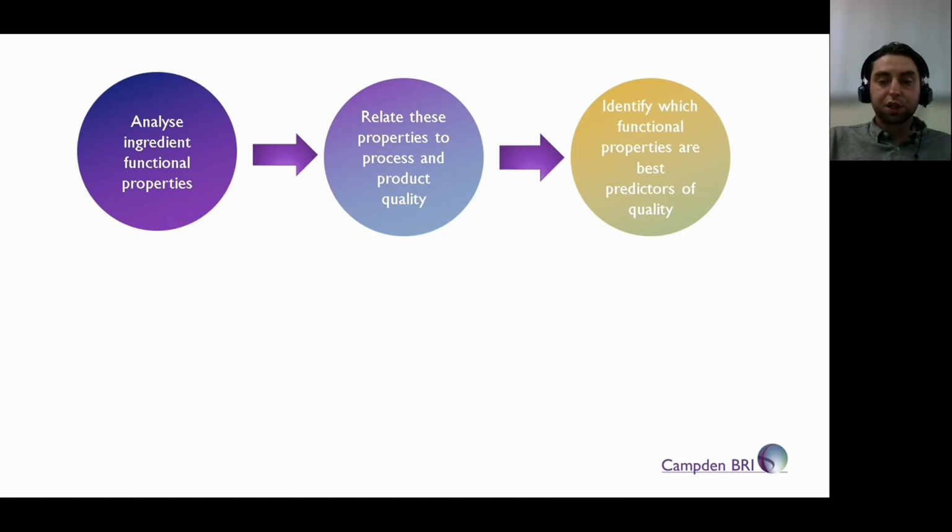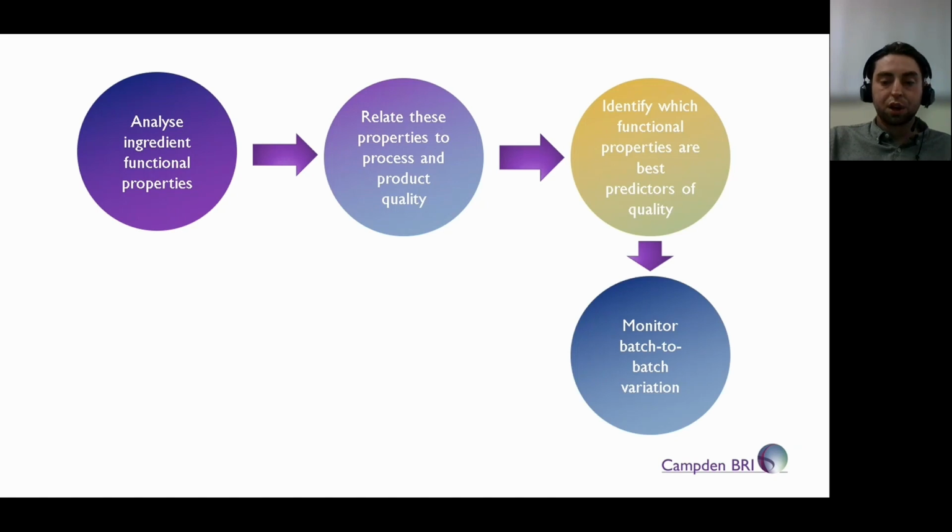So you want to identify which are the best properties. You are then able to predict the quality of your final product. You're able to monitor the variation between batches of ingredients. And I've got an example later on today of some of the variation that can be found between different batches of ingredients.